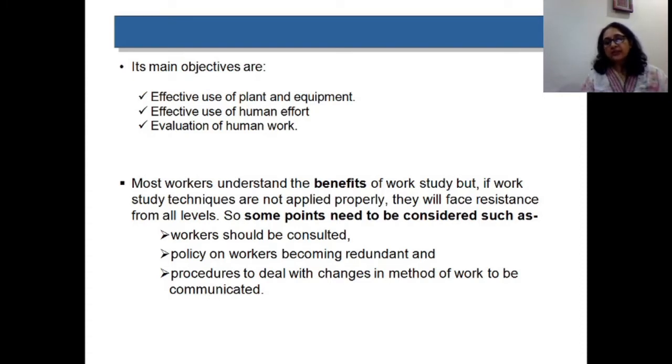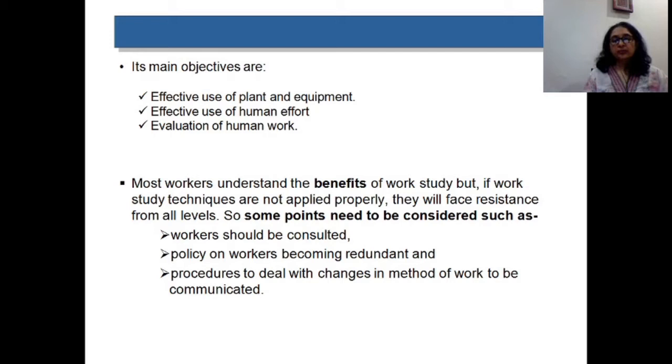So some points have to be taken into consideration when we are applying work study techniques. For example, the workers should be consulted if any new system of doing work is going to be implemented, because they are the ones who will be directly affected by it. Secondly, there should be a policy on workers becoming redundant, and how these redundant workers will be redeployed or retrained in the organization.